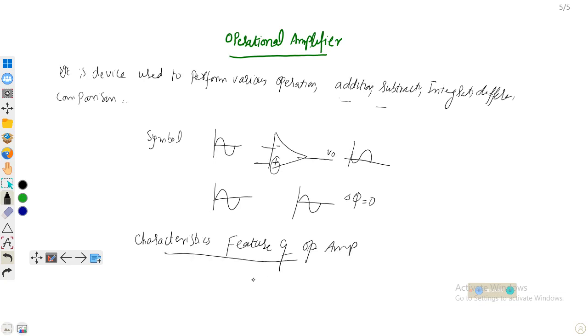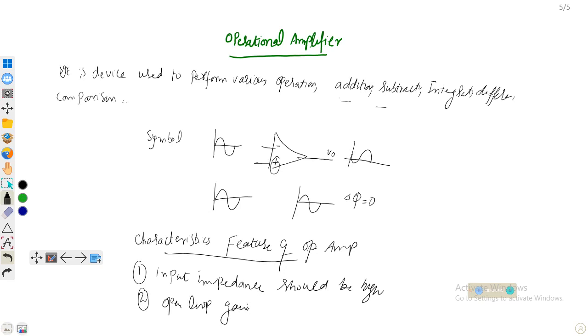The first important point is that input impedance should be very high. Open loop gain is infinity.